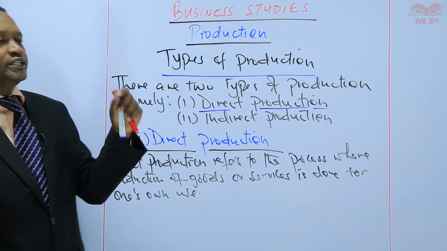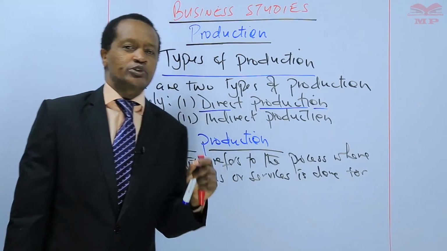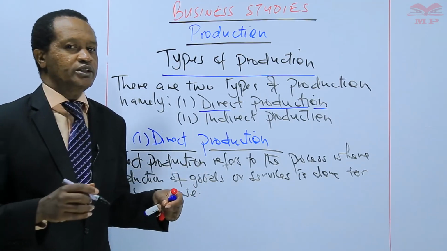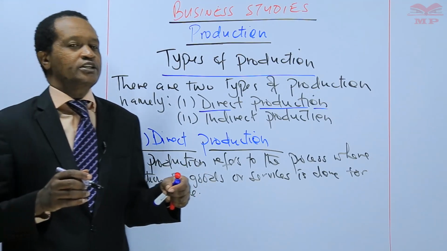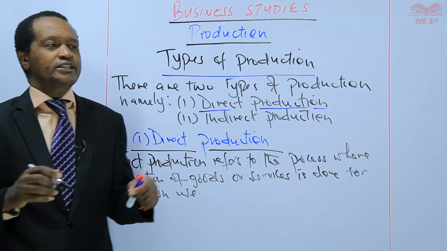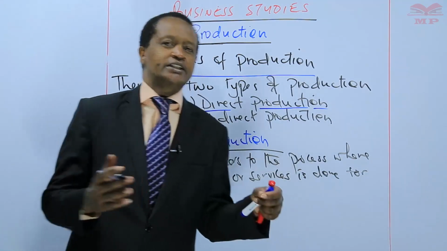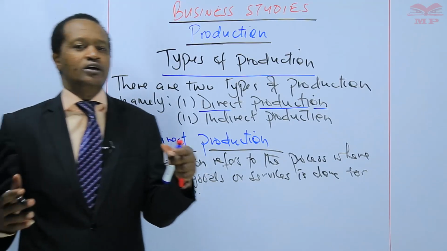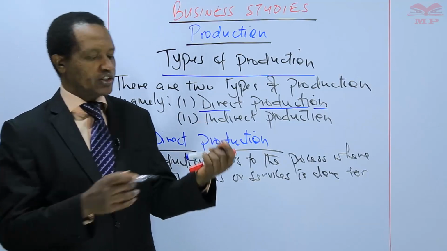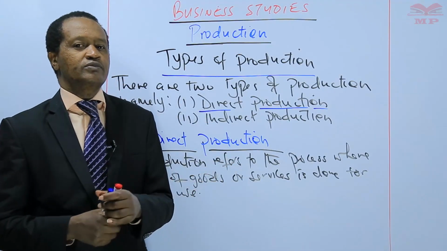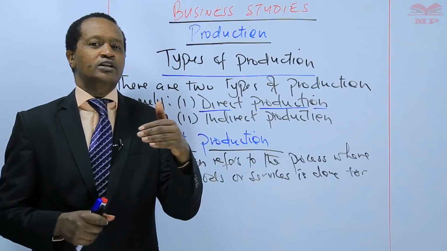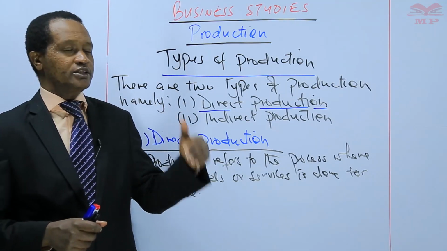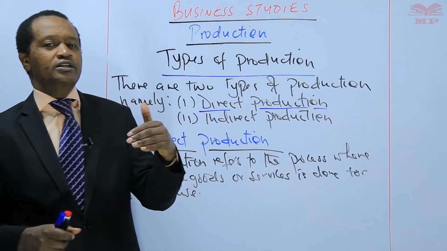It is also called subsistence production, since what is produced is sufficient for one's survival, subsistence. This type of production was very common in the past, though it is still practiced in many developing countries. This was an ancient practice.